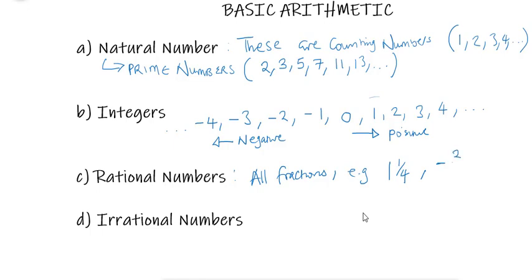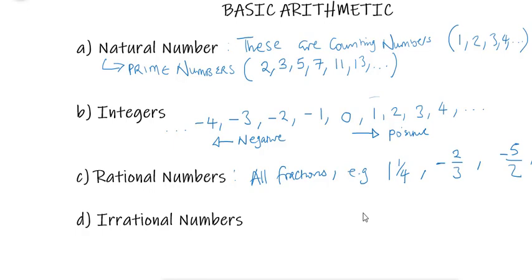We can have -2 over 3. This here is also a rational number. Or we can have -5 over 2. This is a rational number. So all fractions are rational numbers, and rational numbers may include integers. For example, we can have 3 over 1, which is equal to 3. This also is a rational number. So those are the rational numbers.